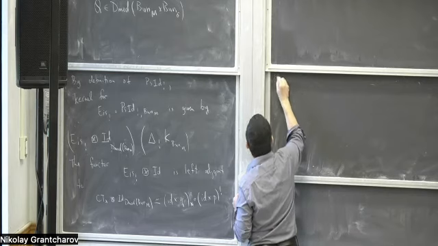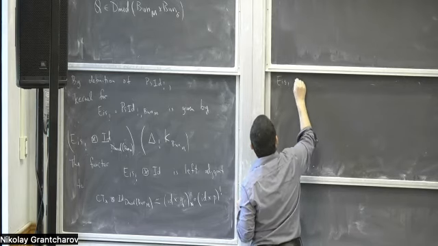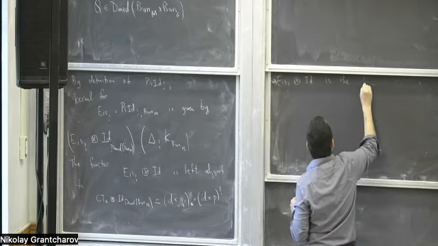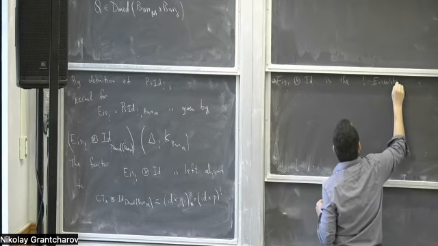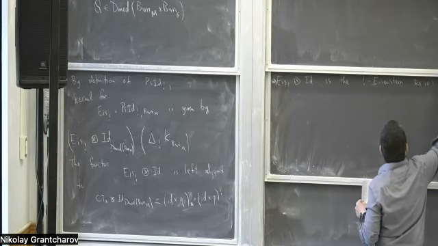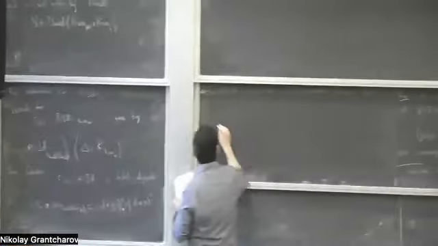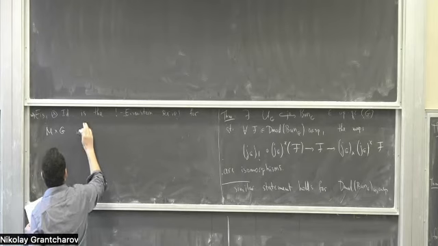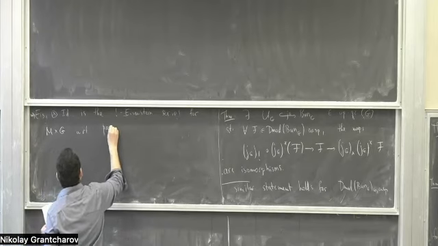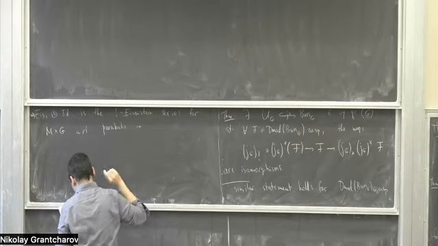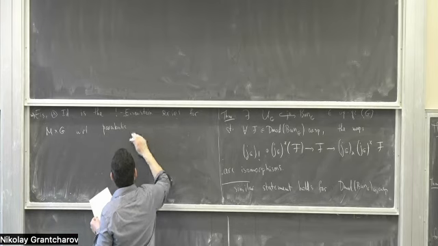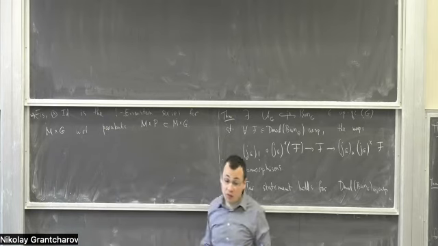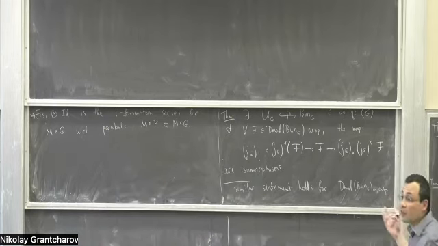So therefore, this is the Eisenstein series for M times G with respect to the parabolic M times P in M times G. Just take M times G as a perfectly fine reductive group.